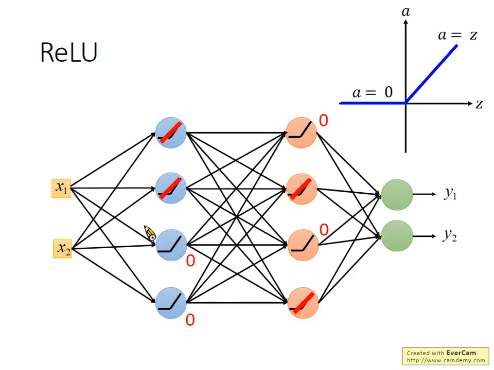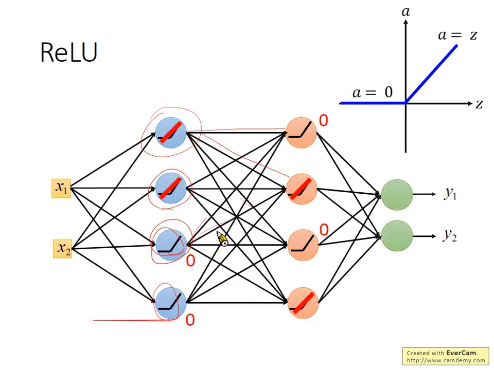So let's see this simple example. Originally we have 2 layers, and for each layer we have 4 nodes. Okay, and assume the input value of this node is larger than 0, and this one is larger than 0. Then we will pass the input value to the next layer. And if the input value is less than 0, then we will output 0 to the next layer.